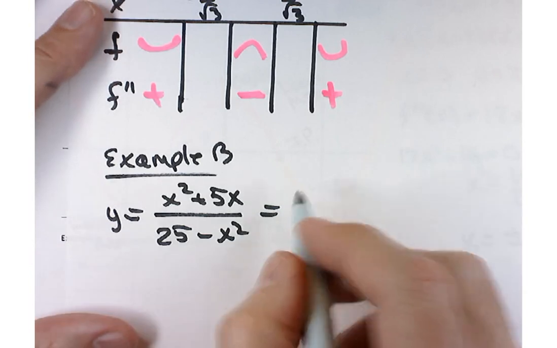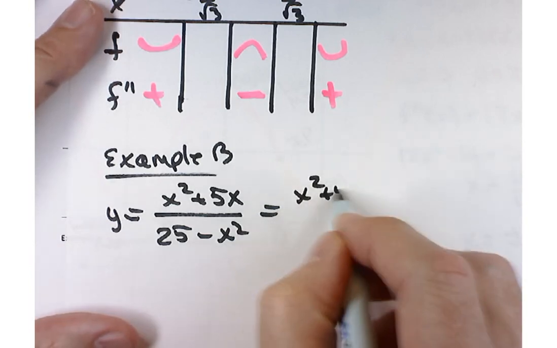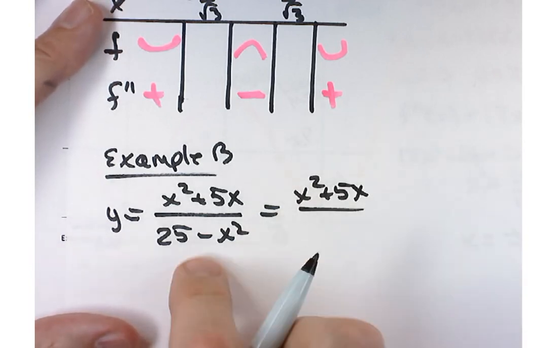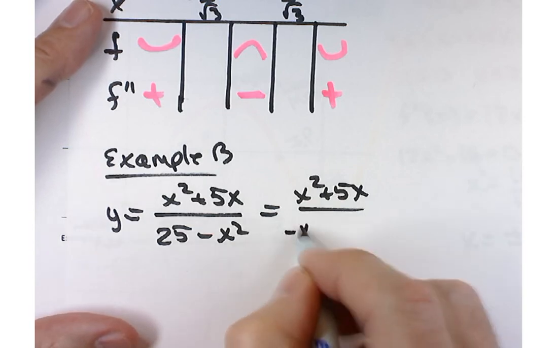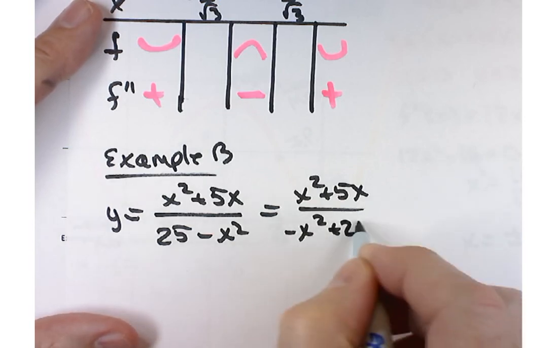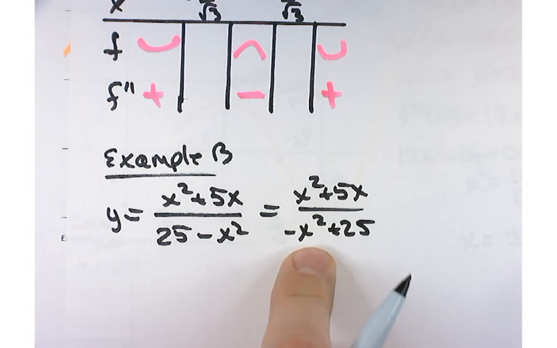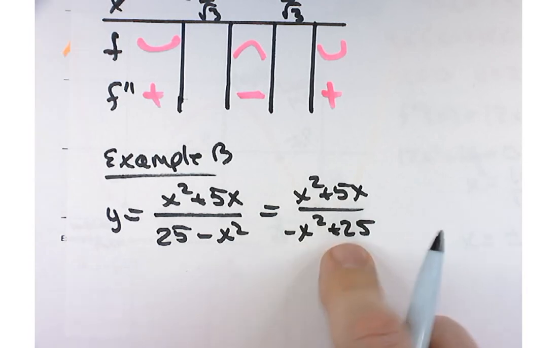Let me just do something to maybe make things more visually striking. Let me rearrange the denominator. Typically speaking, you write things with the highest degree term first, the next highest degree term to the right of that, and so on in decreasing order.